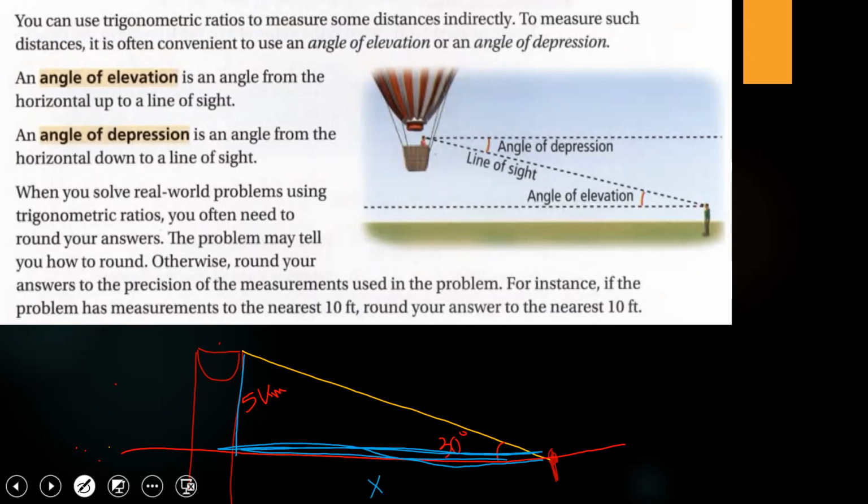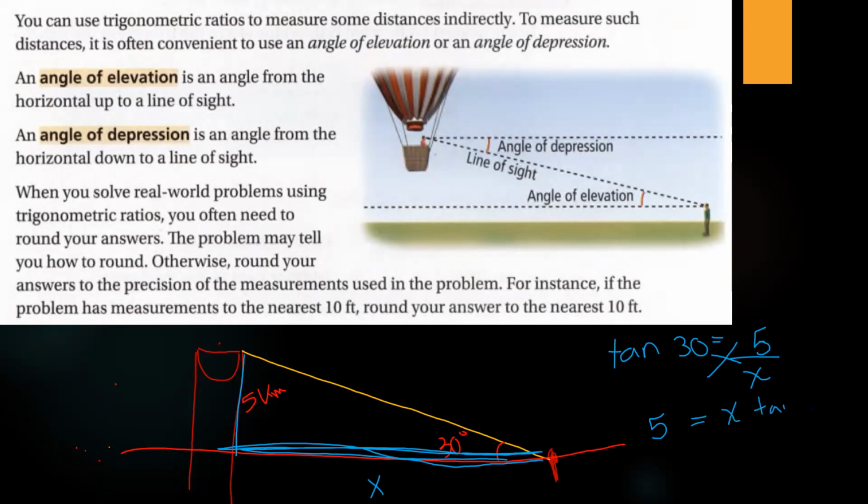Then I will use the trigonometric ratios. I have an opposite and an adjacent, so I can use tan. So tan 30 is 5 over x. Then by cross product, as we said before, 5 equals x tan 30. Then divide by tan 30, divide by tan 30.